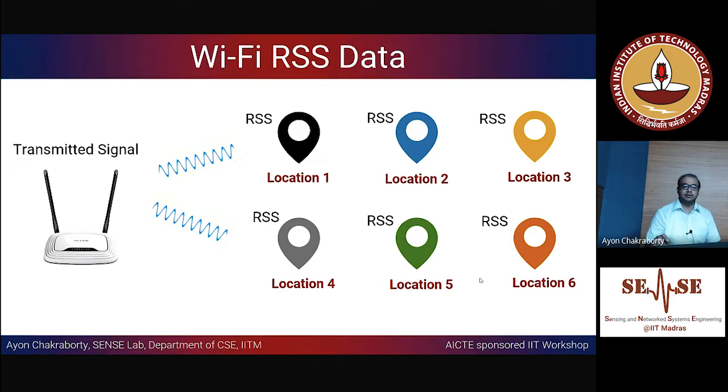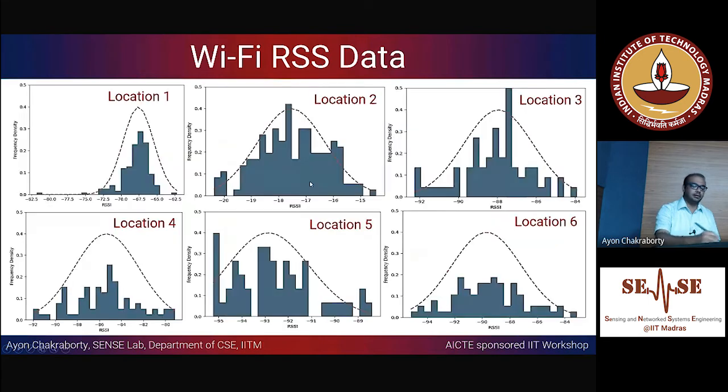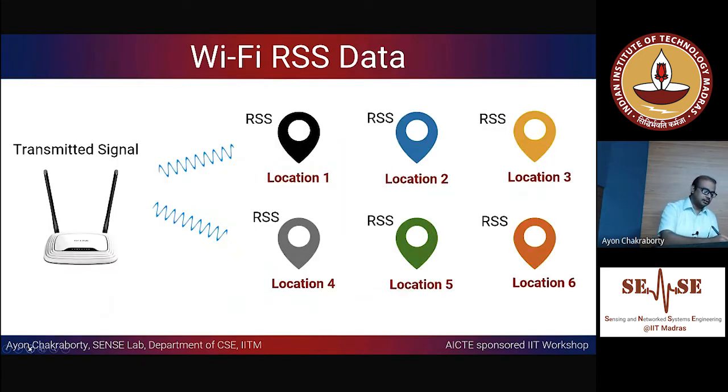Okay, so this location 1 now becomes your label, right? This location i basically becomes your label, and this RSS at location 1 becomes your signature. This is a signature or a fingerprint of that particular location or zone. Feature also you can say.